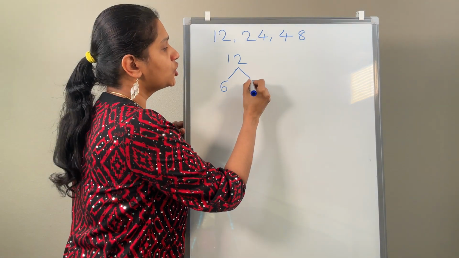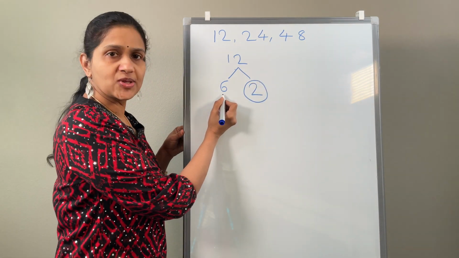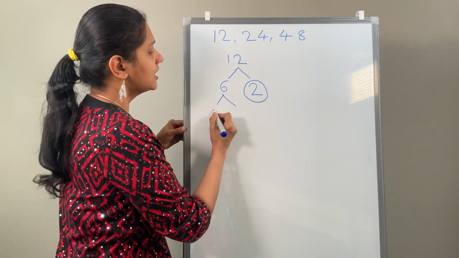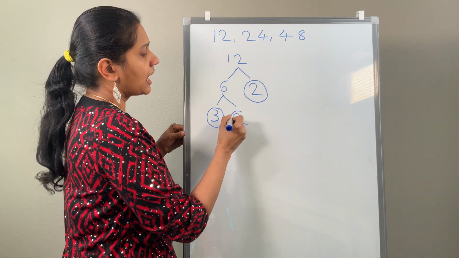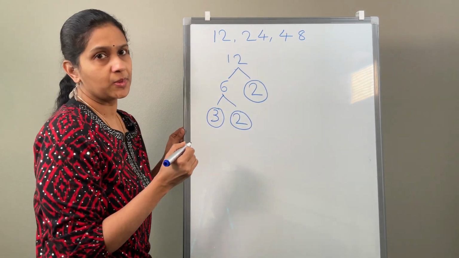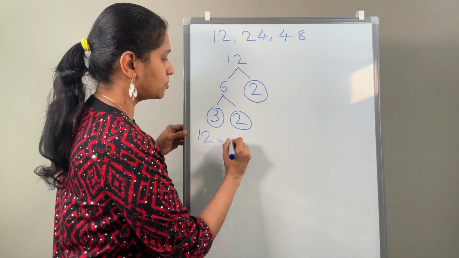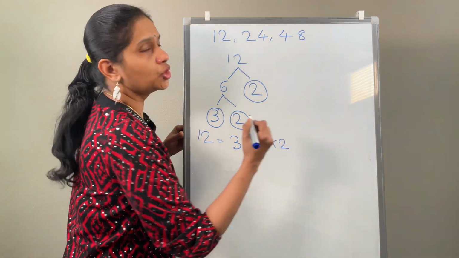Here the number 2 is a prime number, but 6 is a composite number. So you have to further break it down as 3 times 2. Now you can see 3 and 2 are prime numbers. So the prime factorization of 12 is going to be 3 times 2 times 2.